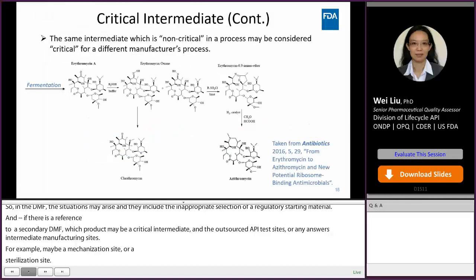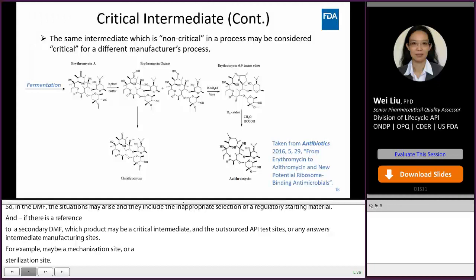Another point I want to mention is, the same intermediate which is non-critical in a process may be considered critical for a different manufacturing process, because we have more than one factor to be considered. For example, erythromycin A is derived from fermentation process. It is used to manufacture drug substance clarithromycin and erythromycin.